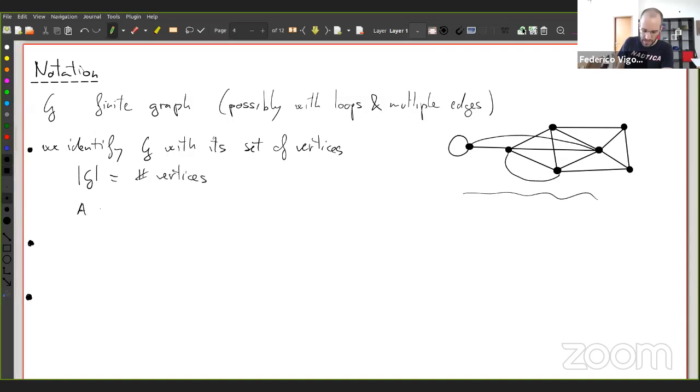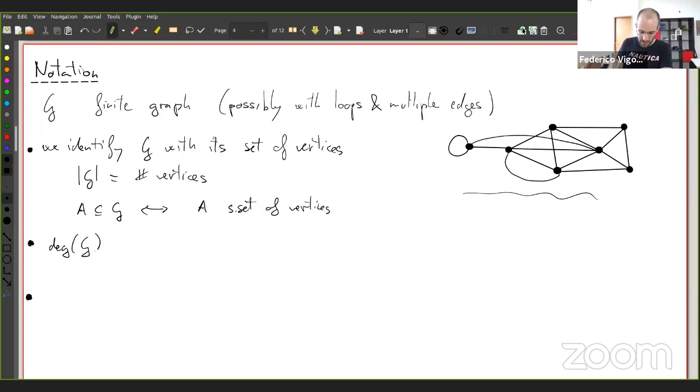And if I write that A is a subset of G, this means that A is a subset of vertices. Okay, convenient notation. And then we define the degree of the graph G as the maximum of the degrees of its vertices, or the valences if you prefer. So v in G means a vertex.